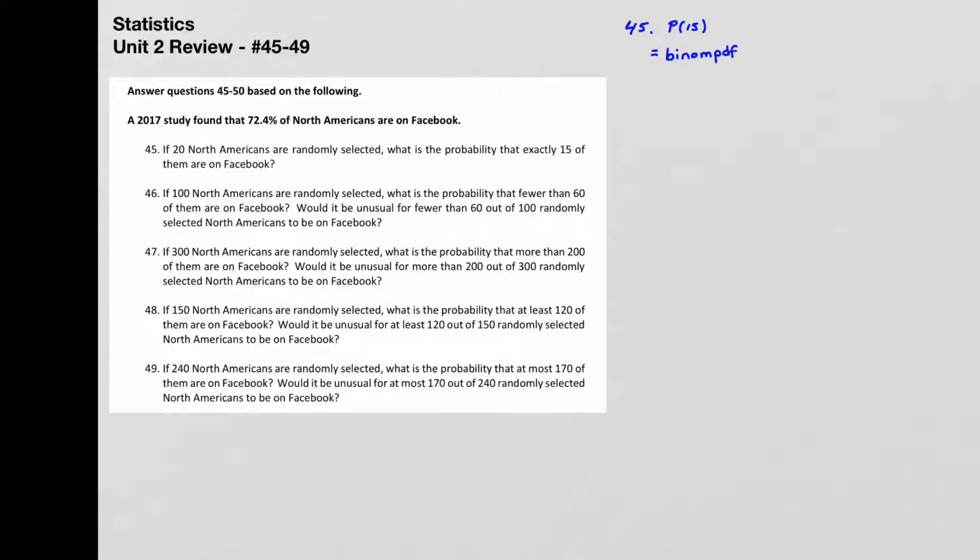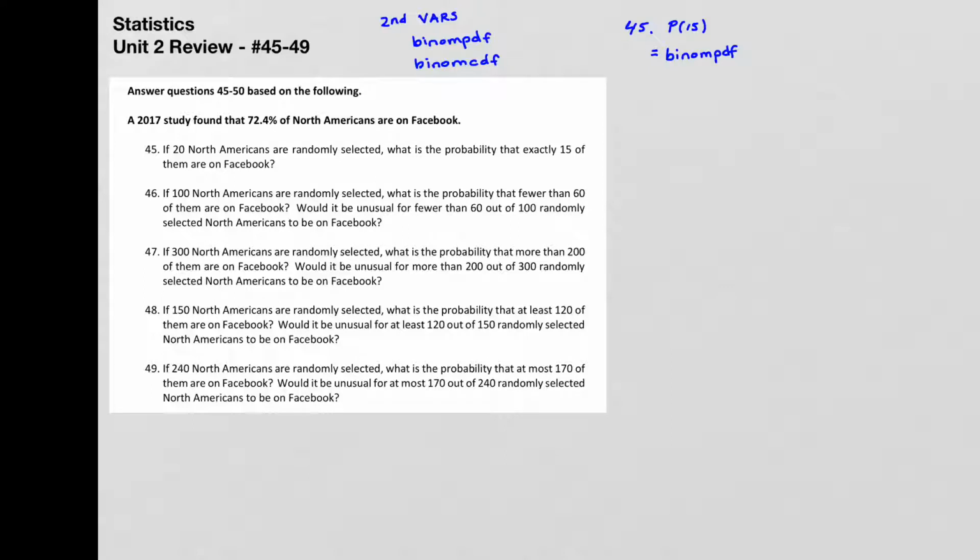In order to calculate this using your graphing calculator, you would use the binom PDF function. To access that, press second and the vars key, or variables, and then you can scroll down or scroll up, whichever, and you're looking for binom PDF in this particular problem, and in the other problems we're going to be using binom CDF.